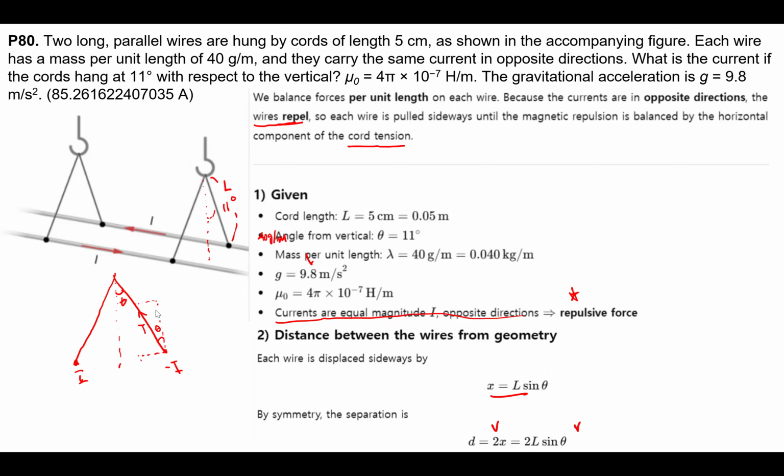It's the tension. There is an upward force, T cosine theta, and there is a horizontal force, T sine theta, and we note that it should be balanced by the magnetic force. And there's another one acting, mg, the gravitational force.